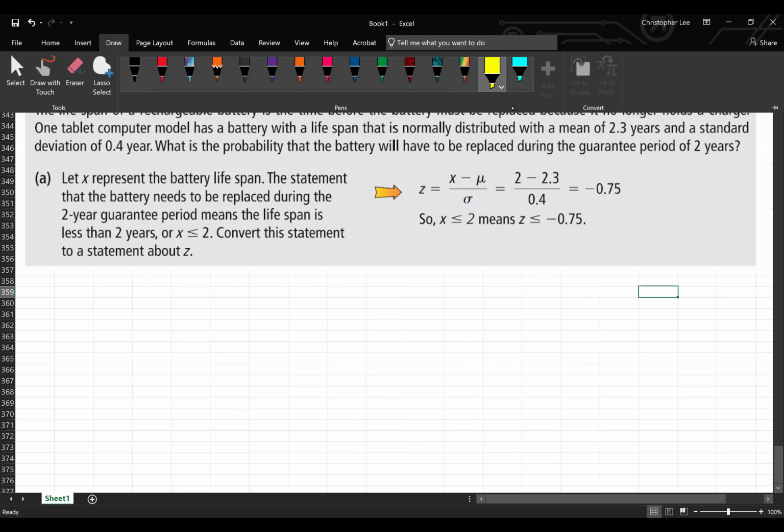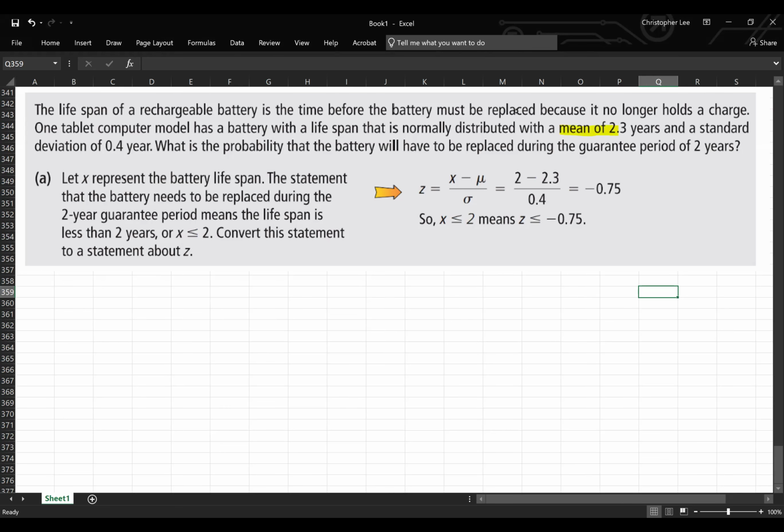So this is key right here. It has a mean of 2.3 years and a standard deviation of 0.4 years. What is the probability that the battery will have to be replaced during the guaranteed period of 2 years?